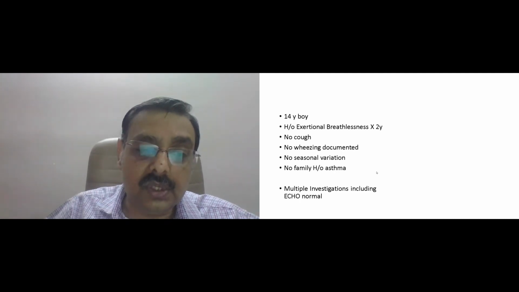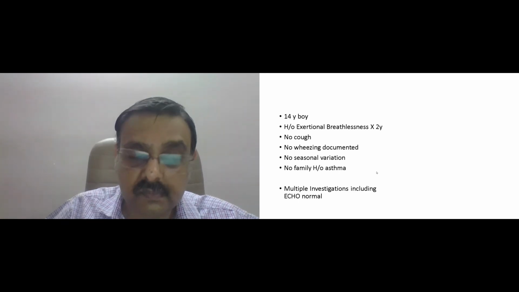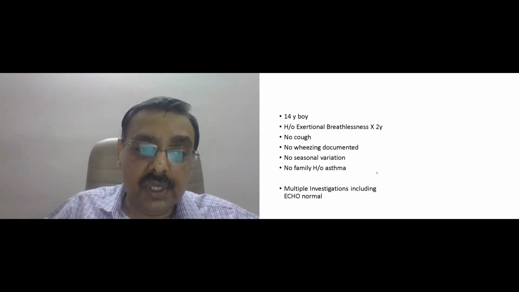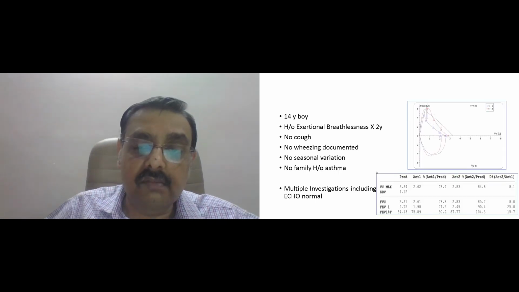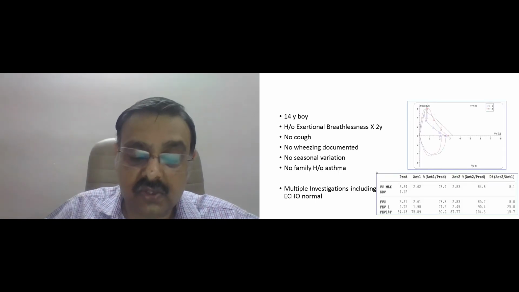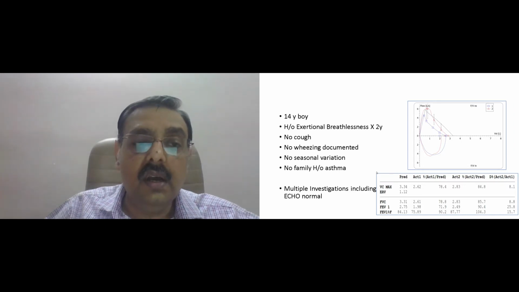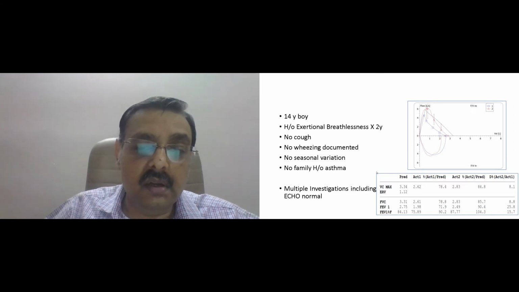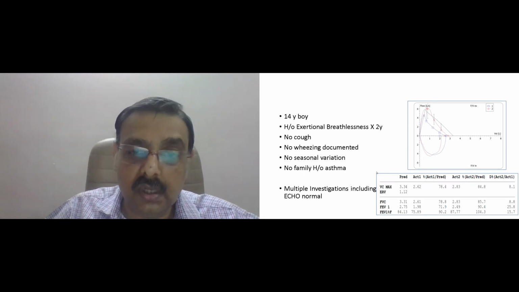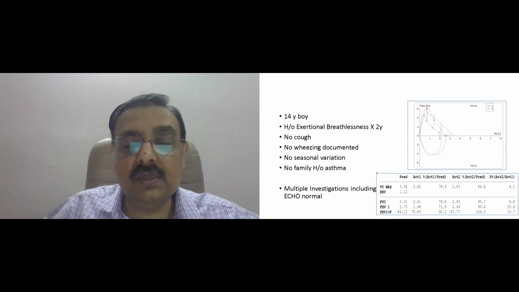This child underwent multiple investigations, including an echo, which was normal. We also weren't sure what was going on, and we thought we would try an exercise treadmill challenge. But before that, we always do a baseline spirometry, and this is what happened.